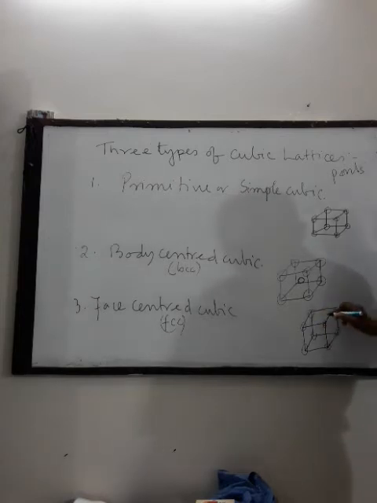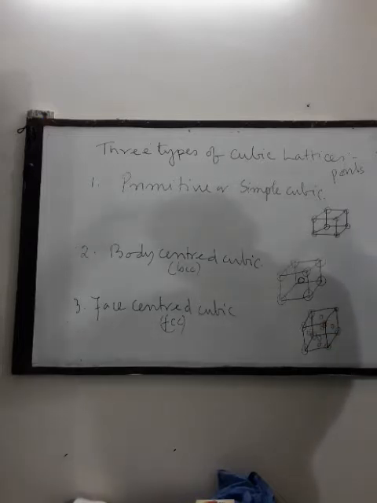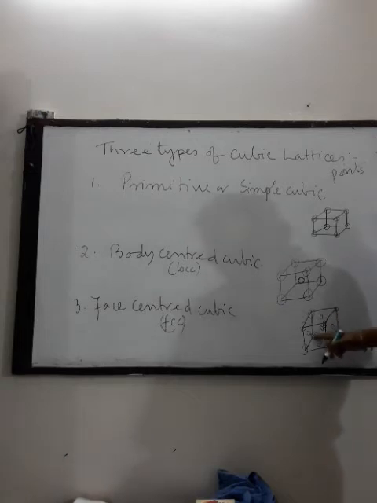So this is one face, this is another face, this is another face, this is the front face, this is the bottom face, so 6 faces: 1, 2, 3, 4, 5, 6. So 6 faces where 6 particles are present. So this is called FCC.